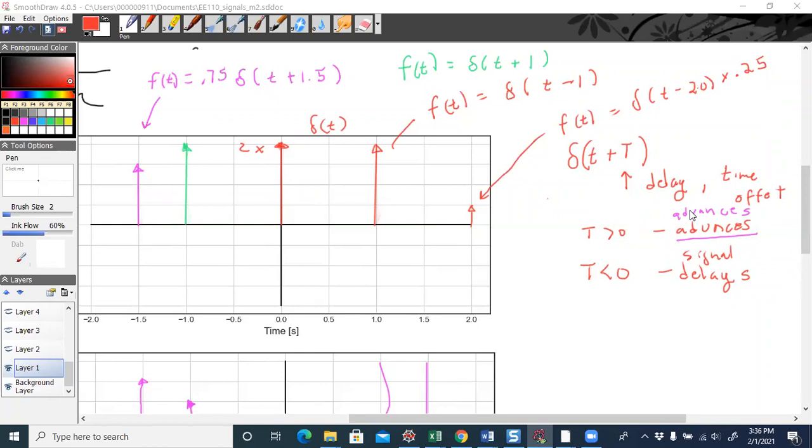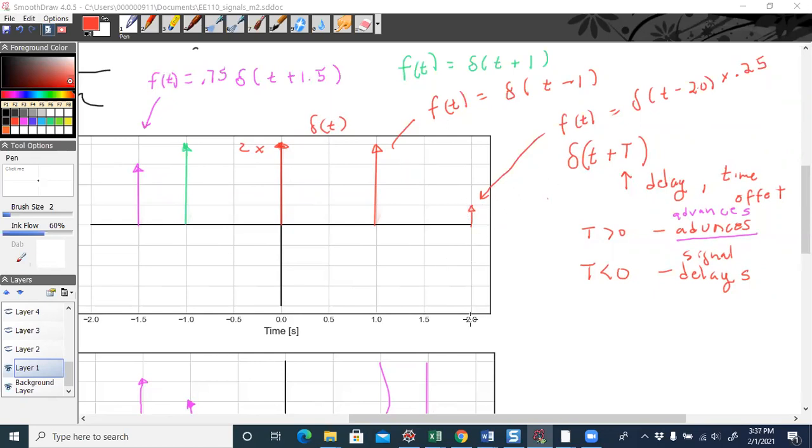I guess quick question, Professor. Sure, shoot. For the two that you did last, how come the last equation has the 0.25, but the first one doesn't have a times 2 at the end of it?